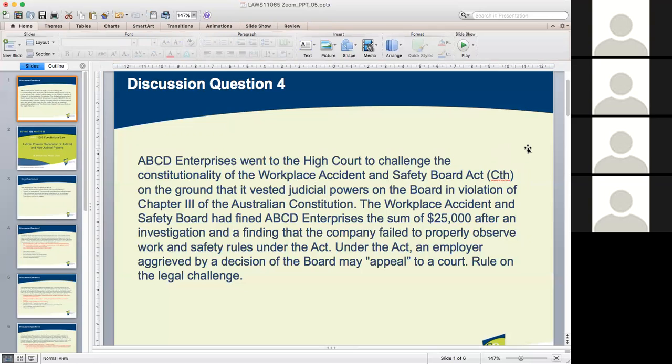The Workplace Accident and Safety Board had fined ABCD Enterprises the sum of $25,000 after an investigation and a finding that the company failed to properly observe work and safety rules under the Act. Under the Act, an employer aggrieved by a decision of the board may appeal to a court. Rule on the legal challenge.